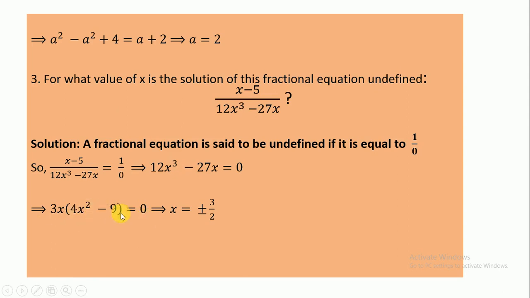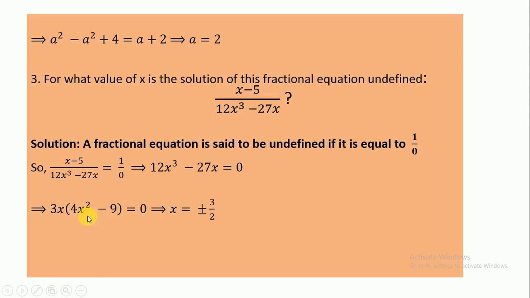And you can observe from here that we still have a difference of 2 squares, meaning that you can express this as 3x open bracket 2x squared minus 3 squared. And do not forget that mathematically, it implies that 3x equals 0, or 4x squared minus 9 equals 0.